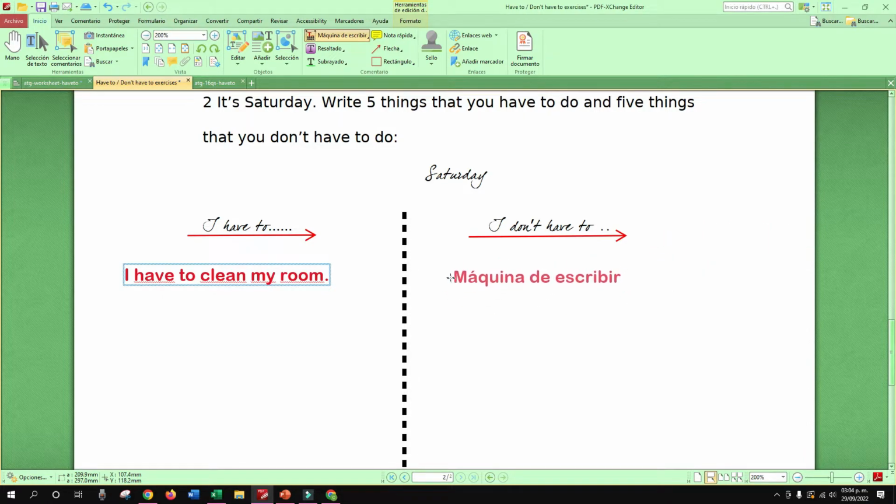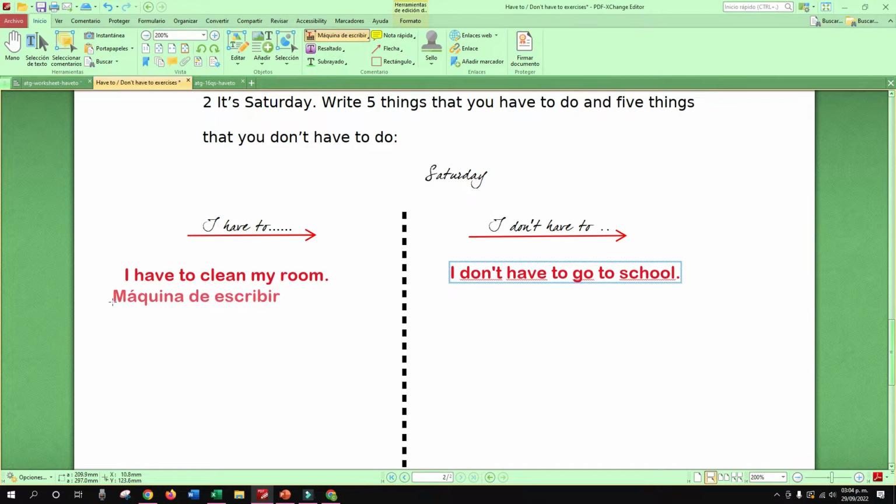For example, if you go to school, you can say I don't have to go to school, right? So there you have. First, I have to clean my room, the things that I have to do. And in the second column, the things that you don't have to do. For example, I don't have to go to school. Why? Because it is Saturday.